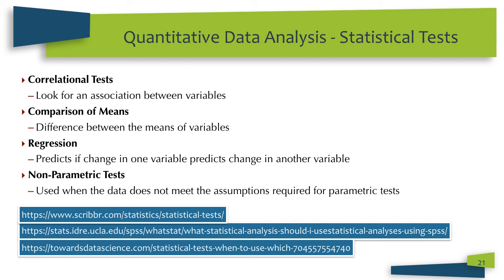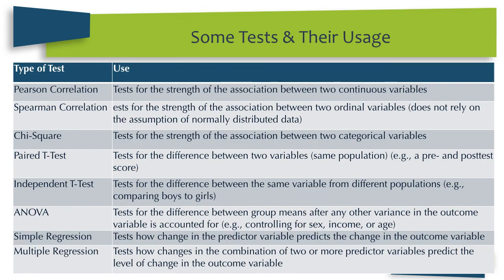All these three websites are really good in ascertaining whether a particular test is appropriate for your research or not. So I would suggest that you go through all these three websites to understand which tests are most appropriate for your research. Now this slide shows some tests and their usage, but this is just a summary. You must go through all three websites that I suggested on the last slide.